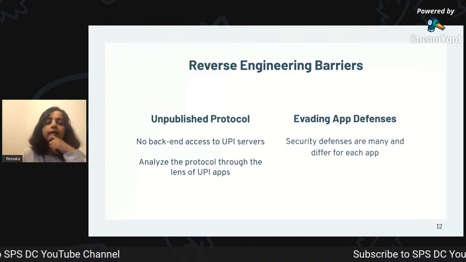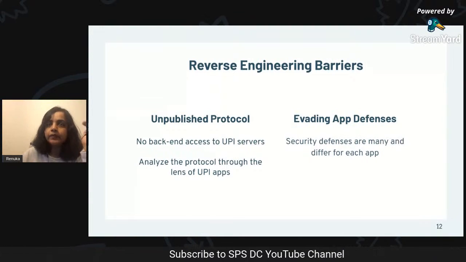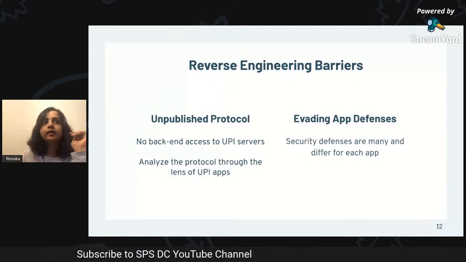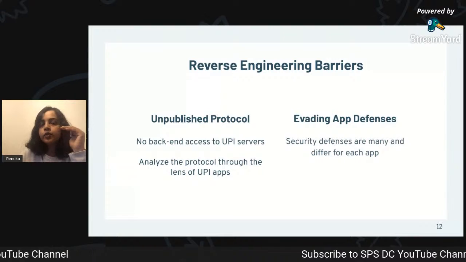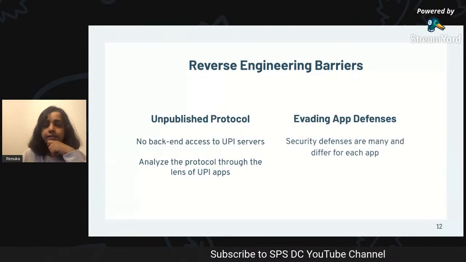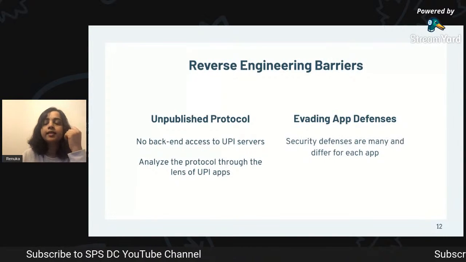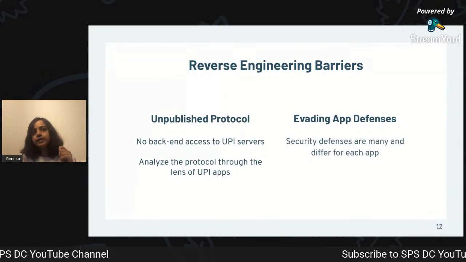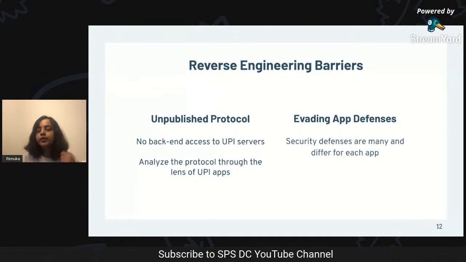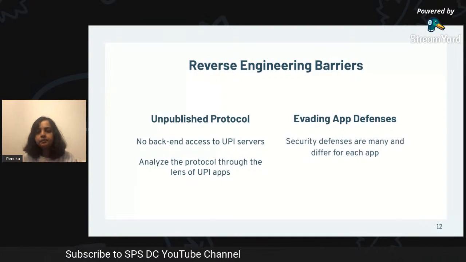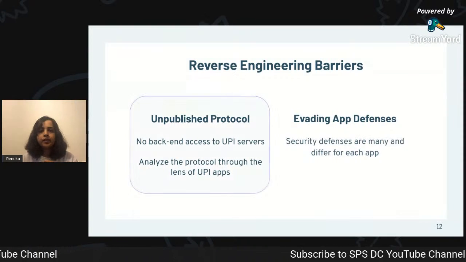But that said, unlike what prior research has shown, where Indian payment apps had significant vulnerabilities, what we found is that this new generation of Indian payment apps are significantly more secure. They are actually designed with security in mind, and each of these apps have a different set of security defenses built into them. So these apps are overall significantly well thought out.